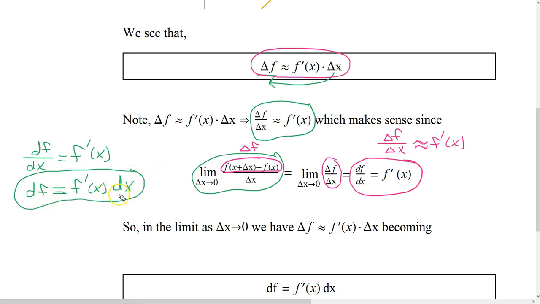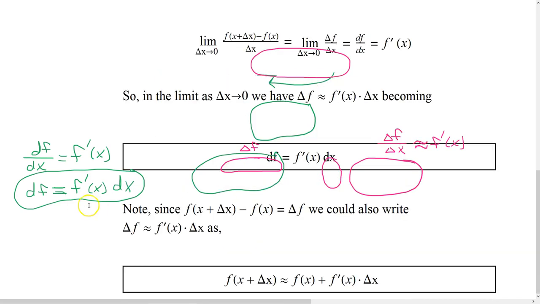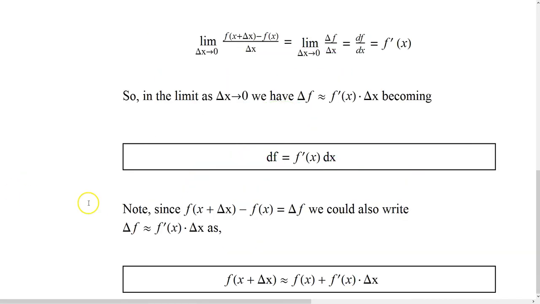So you'll see this written oftentimes, and we have that labeled down here as well. So right here is df equals f prime of x dx.